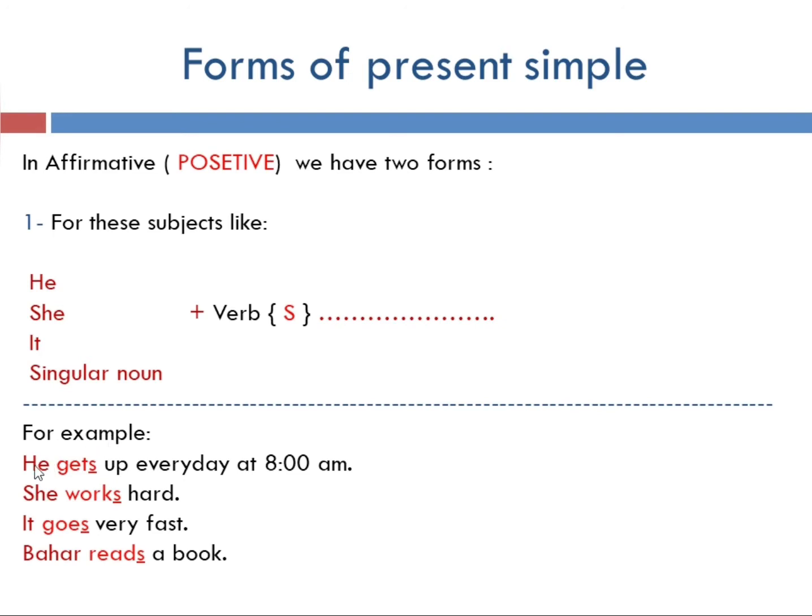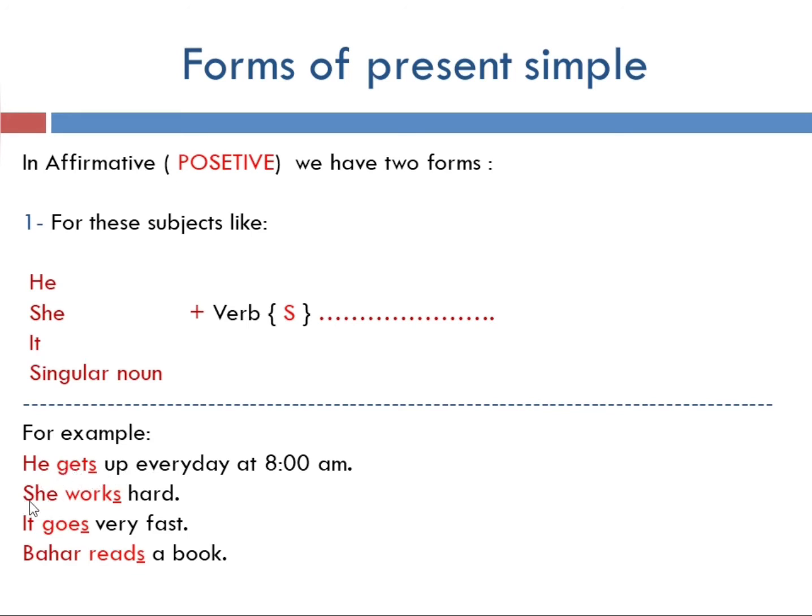For example, we have he, not get. He gets up. So we just add this s. This s is called the third person singular. We add it to the verb when we have these subjects in present simple. As you see, he gets up.